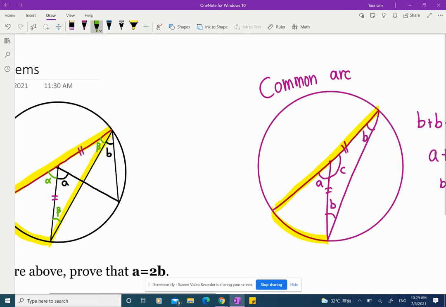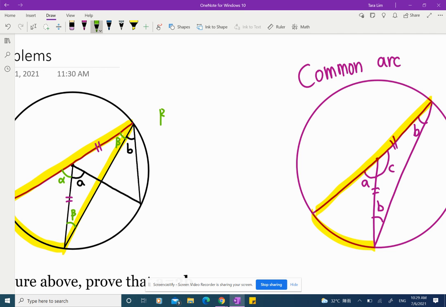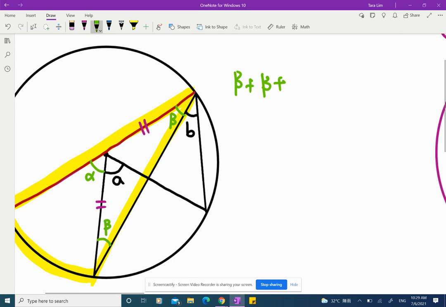So again, just like before, beta plus beta plus, let's say that this angle here is called C, okay?